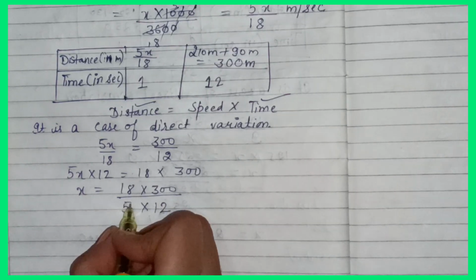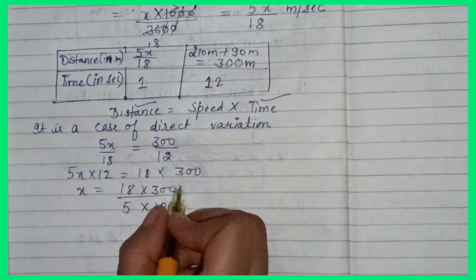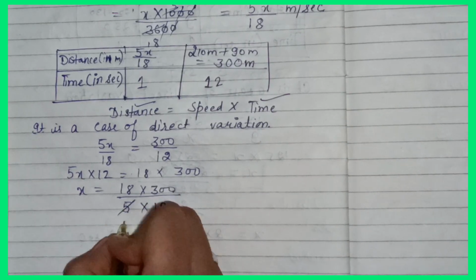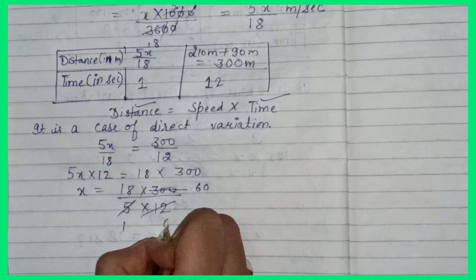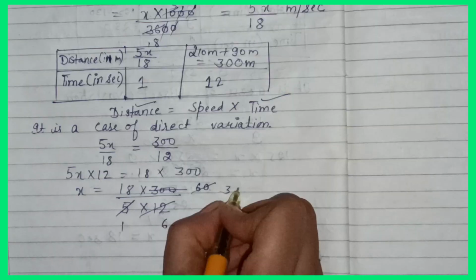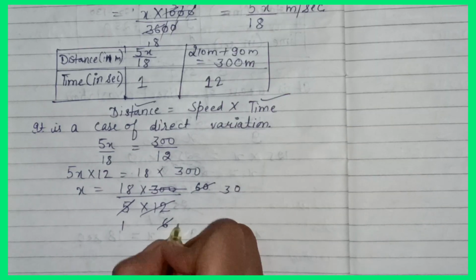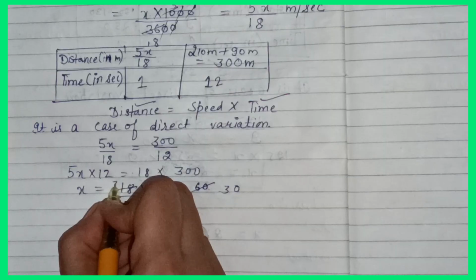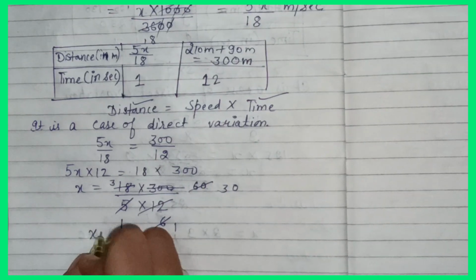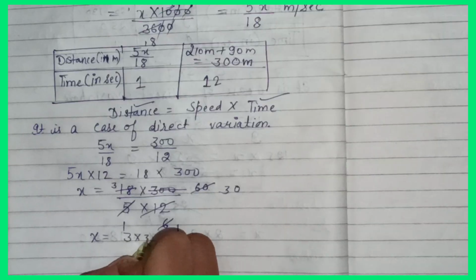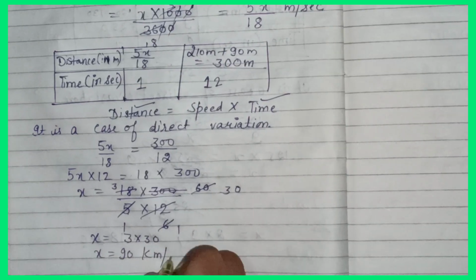At the ones place here is 0, and 300 is divisible by 5. 5 ones are 5, 5 6s are 30, here is 0, 2 6s are 12, 2 3s are 6, and here is 0. And then 6 ones are 6, 6 3s are 18. Now x is equal to 3 multiplied by 30, x is equal to 90 kilometer per hour.